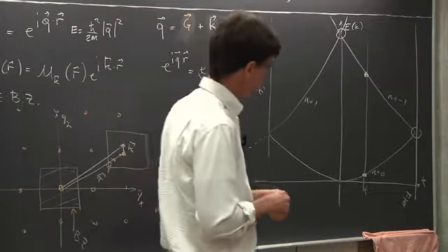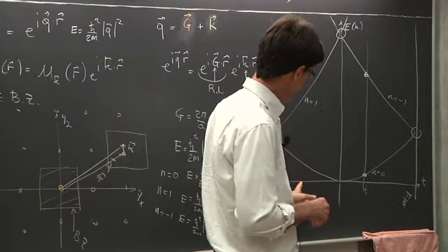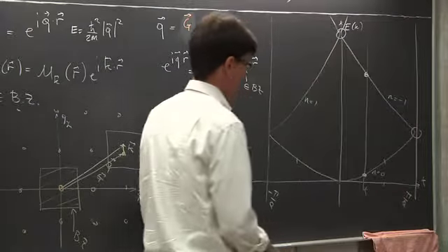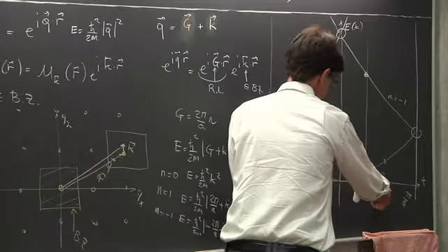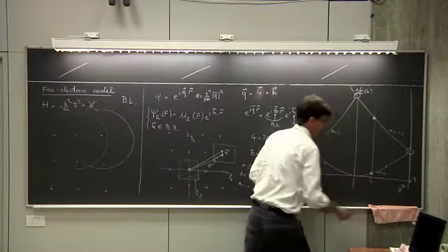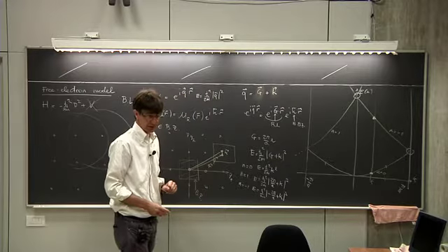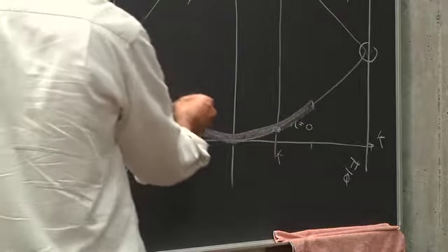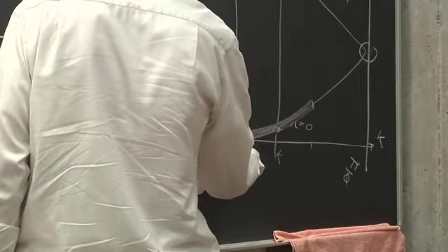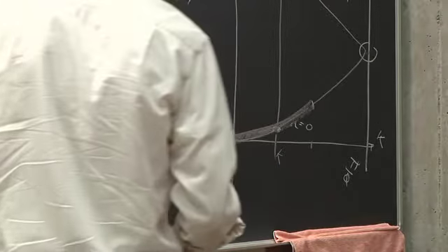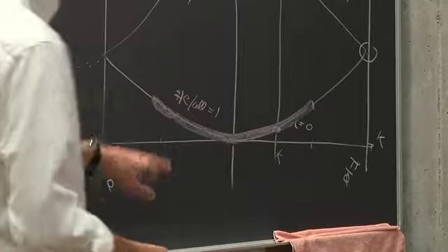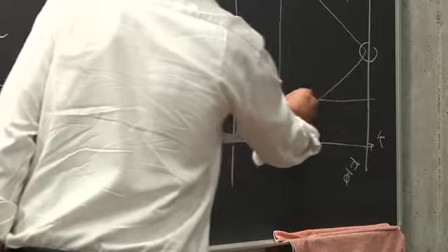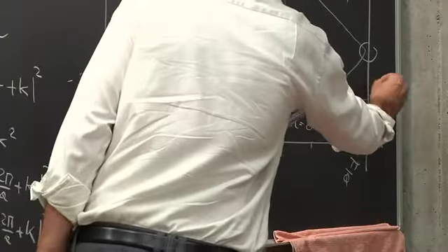So if we have 1 electron per cell, we will have to fill levels up to exactly 1/2 of the way here. Right? Because only in this case, there will be half of the full number of available states filled. So if the number of electrons per unit cell is 1, then these states will be filled and all the other ones will be empty. So there will be a Fermi level somewhere here.